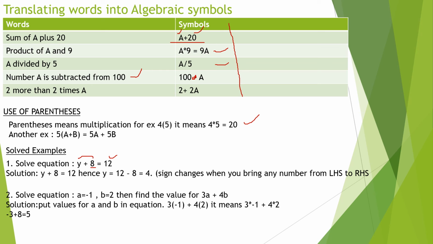When we bring this constant from the left hand side to the right hand side, the sign of this constant will change. So we have y is equal to 12. Earlier it was plus 8. Now we have fetched it from the left hand side to the right hand side, so the sign of 8 will change from plus to minus. So 12 minus 8 equal to 4.